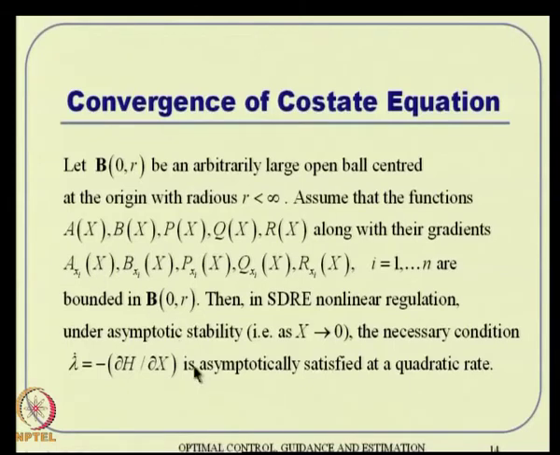Then the costate equation, lambda dot equal minus del s by del x, is satisfied asymptotically, and at a quadratic rate, which is nice. Very quickly it will converge, and whatever lambda dot pops up will quickly satisfy this as we start applying this controller and as x develops towards 0.